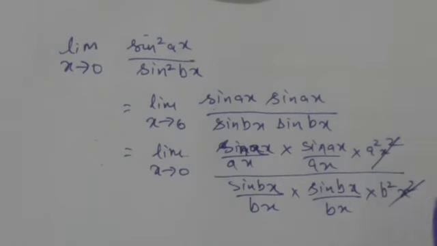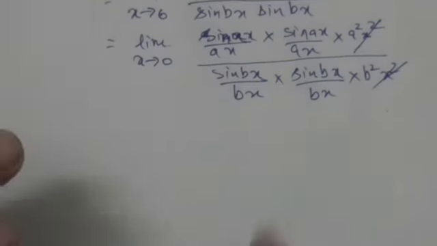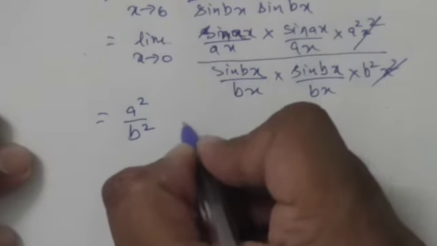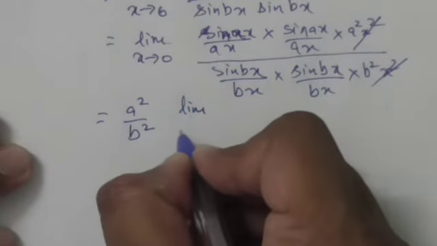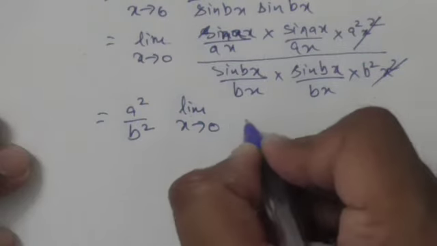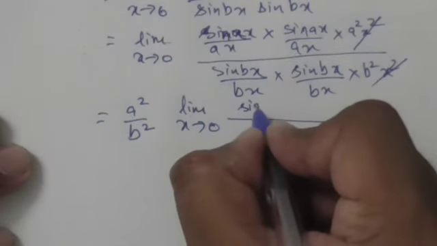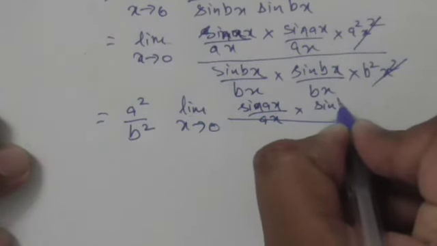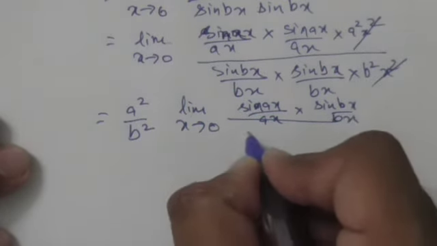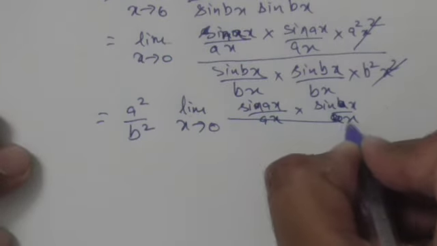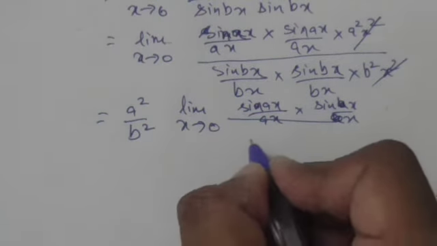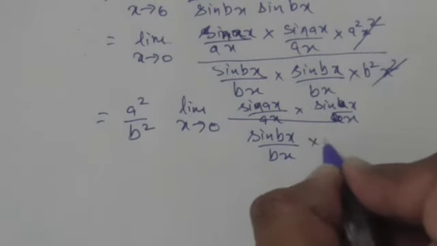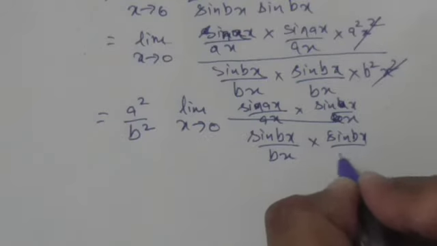So this x square will cancel this x square. So we will have a square upon b square, limit x tends to 0 sin ax upon ax into sin ax upon ax. Sorry, it is also ax. This is in numerator, and in denominator we have sin bx upon bx into sin bx upon bx.